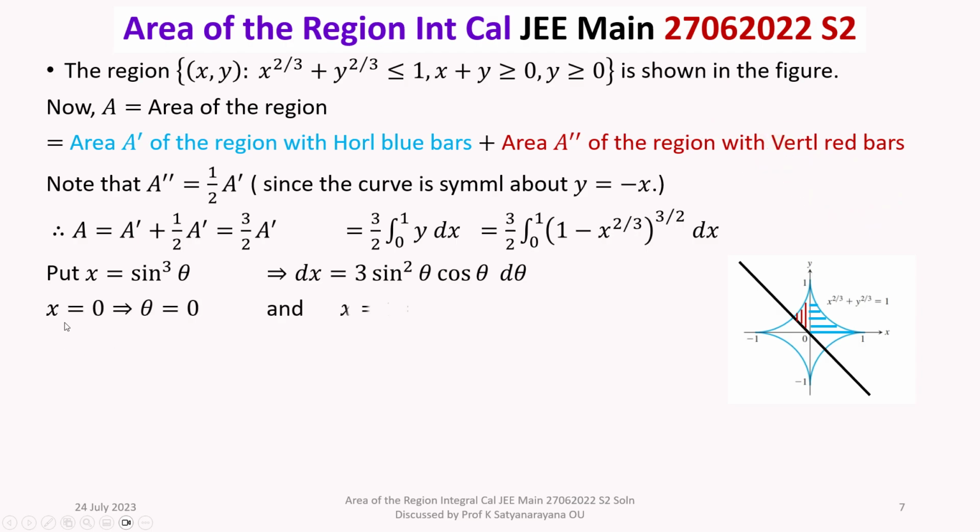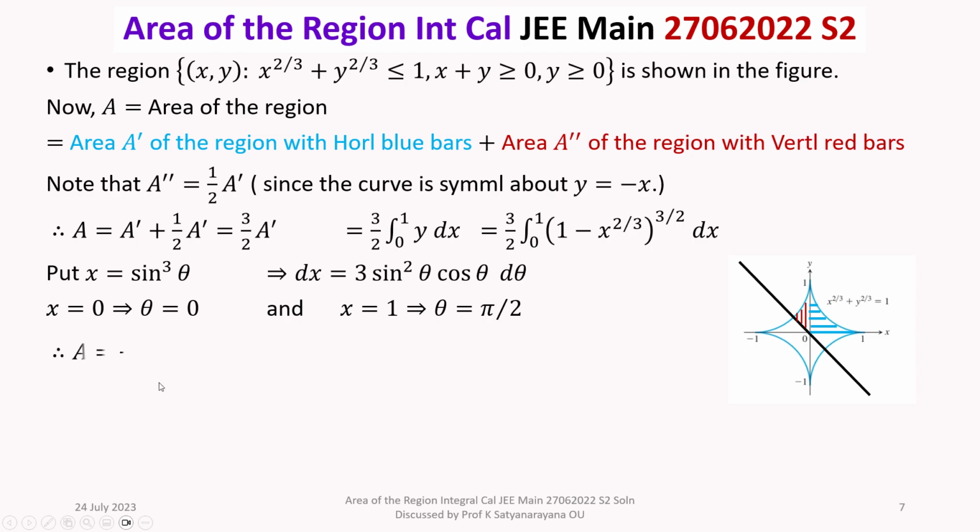Now, when x is equal to 0, theta is also equal to 0. When x is 1, sine cube theta is 1 and theta will be pi by 2. So the integral 0 to 1 will change to integral 0 to pi by 2.